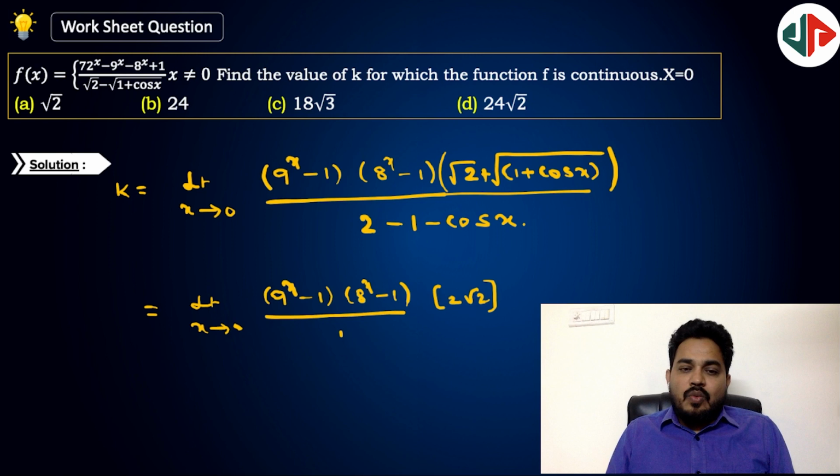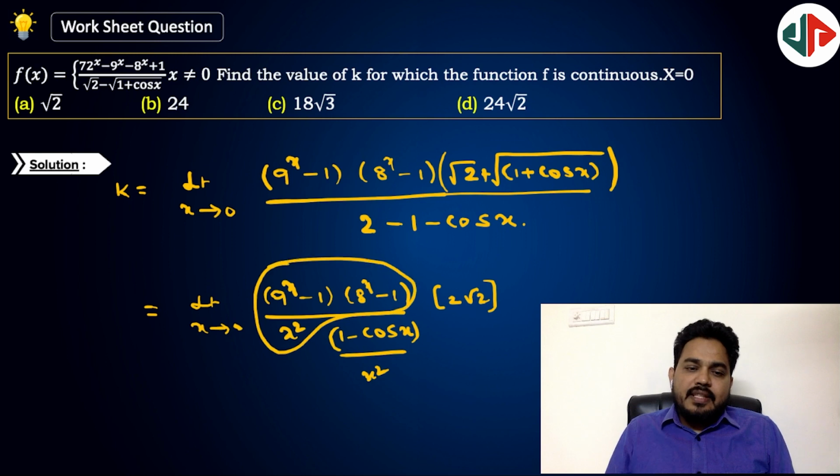And here 1 minus cos x. So what I'll do is, I'll divide with x square and here divide with x square. So this portion is log 9 and this is log 8 and this value is 1 by 2 into 2 root 2.